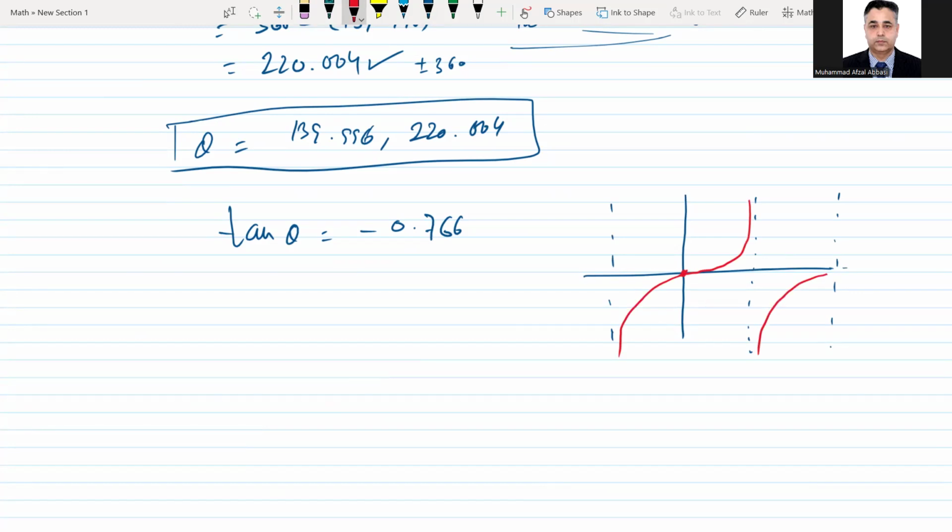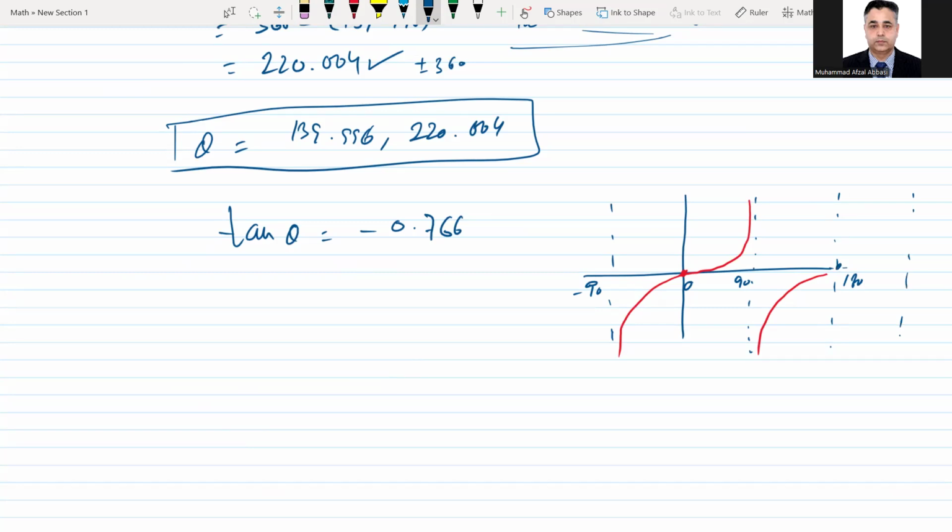So this is one cycle, this is 0, this is 90, this is 180, and on the right side we can go further; minus 90 on the left. No, this is not the asymptote. The asymptote is on the right side at 270. The asymptote will be here.